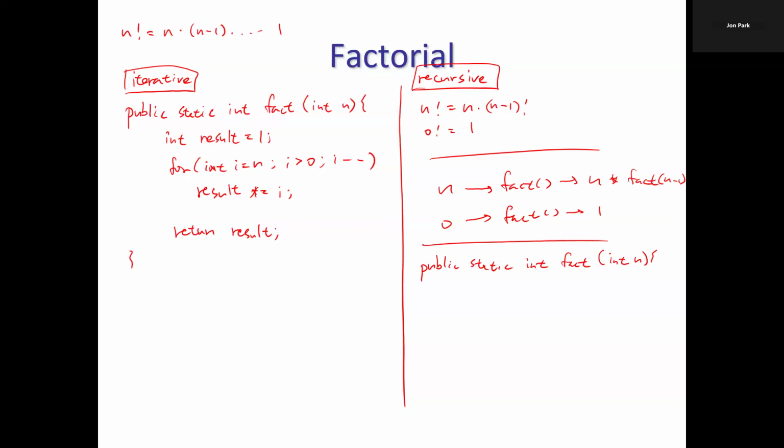From the user's perspective, I should not know whether it's done recursively or iteratively, as long as it returns the right return value. Okay, how do we write code that behaves differently depending on some condition? Angel? If statement, good.